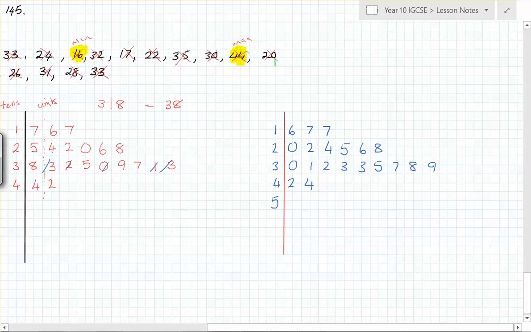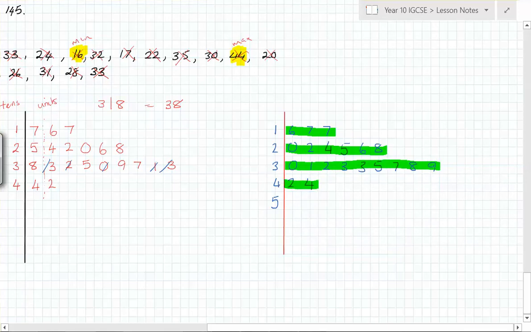Now the one thing I just want to make you aware of, because we've done the numbers like this, if I were to draw around these numbers, what does it now look like? A bar chart.